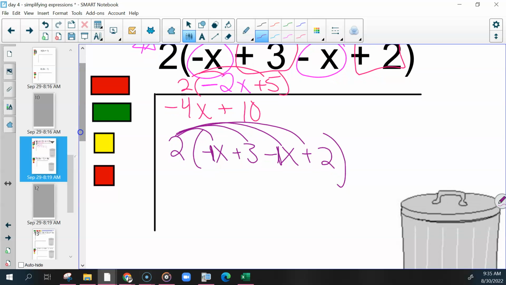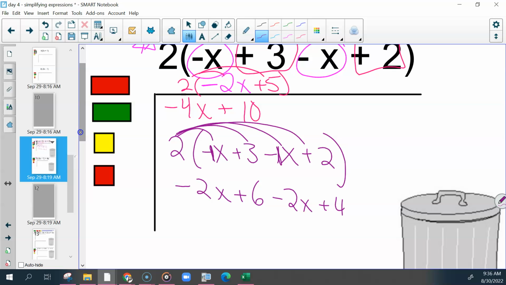So 2 times negative 1 would give us negative 2, and then x. 2 times 3, 6. We have another negative 2x, and then 2 times 2. Then we would need to combine our terms.